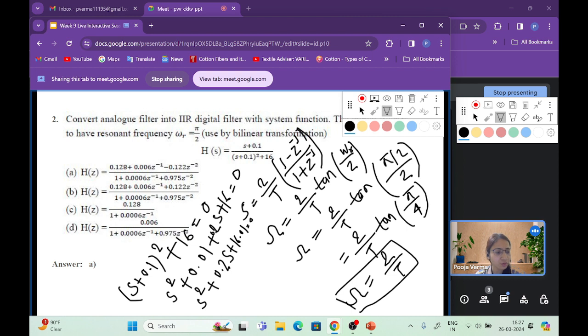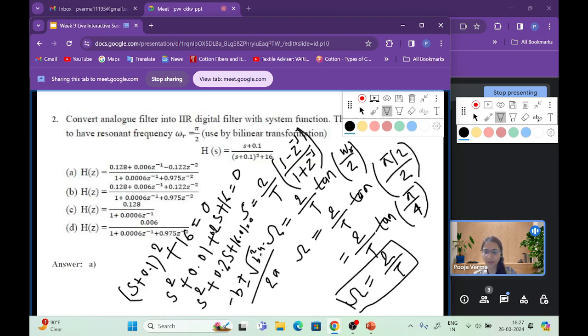Now we need to find out the poles. You already know the formula: minus b plus or minus the square root of b square minus 4ac, divided by 2a, to find the poles of the transfer function.